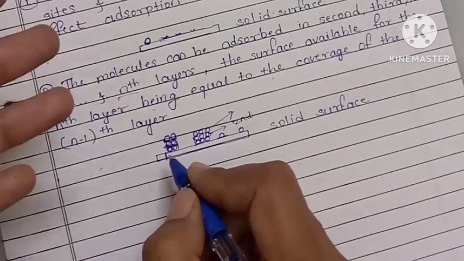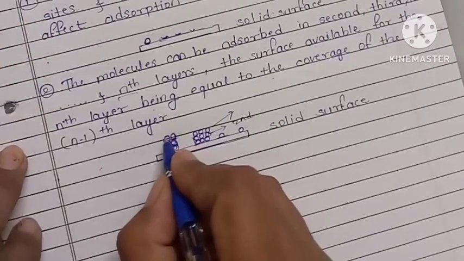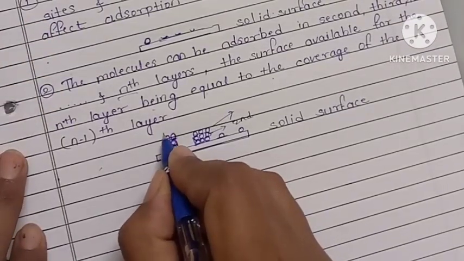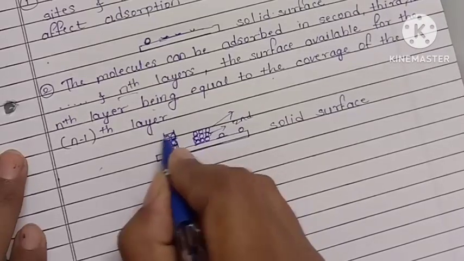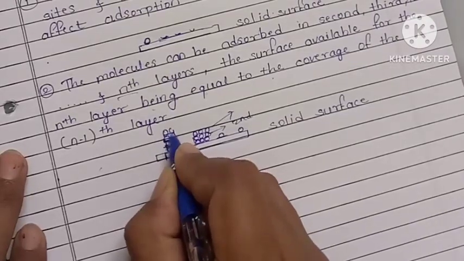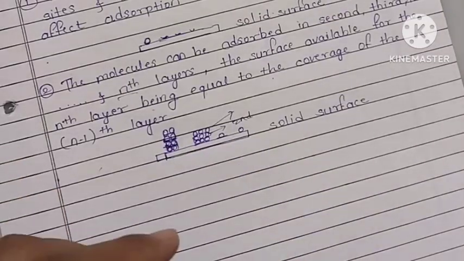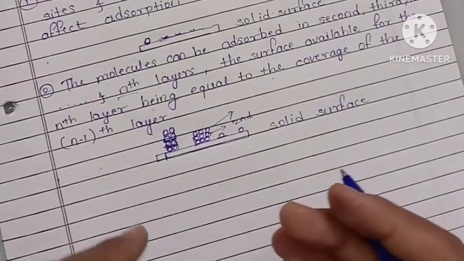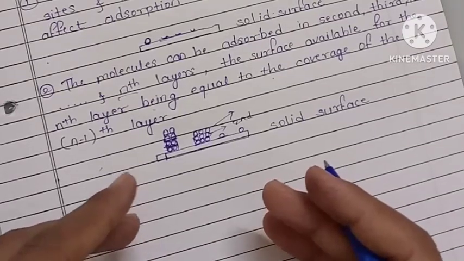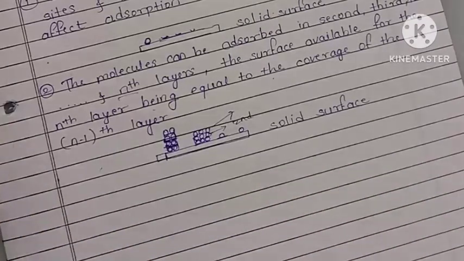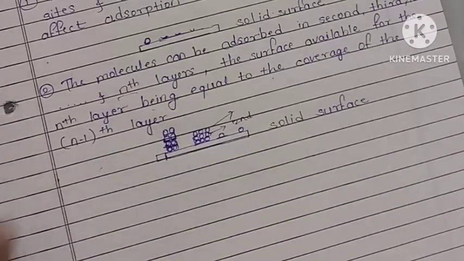Similarly, for the fourth layer, this surface is available, and here the fourth layer is formed. That means if you want any layer adsorbed, it requires the previous layer's coverage area. So this is the second assumption.